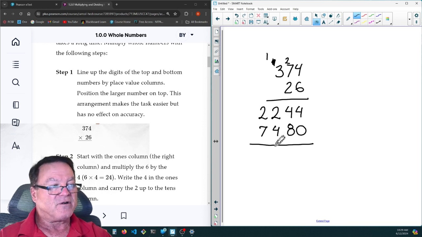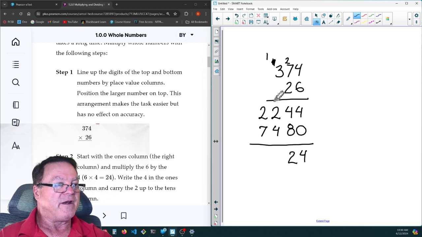So our answer, our total, is the sum of these two. 4 plus 0 is 4, and 4 plus 8 is 12. We'll write the 2 and carry the 1. 2 plus 4 is 6, plus that 1 that we carried is 7. And 7 plus 2 is 9.